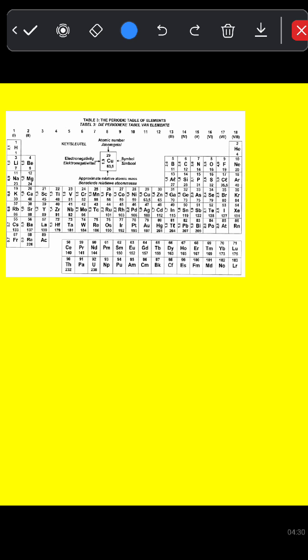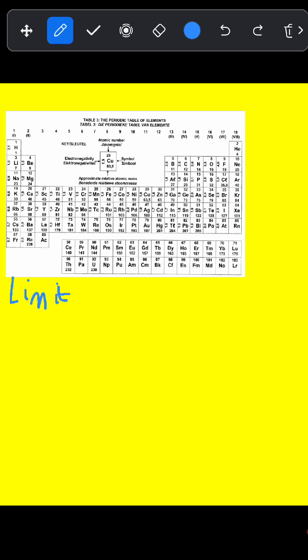One thing that you also need to know is if you are given any information about a limiting reagent, make sure that the information given is in moles.